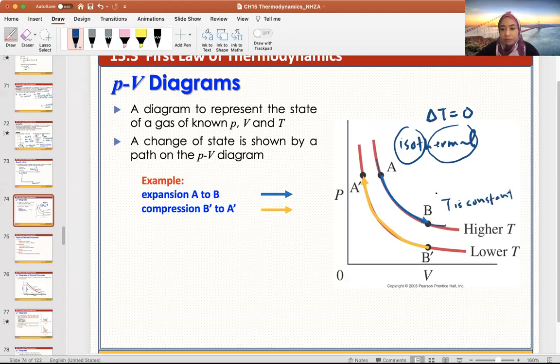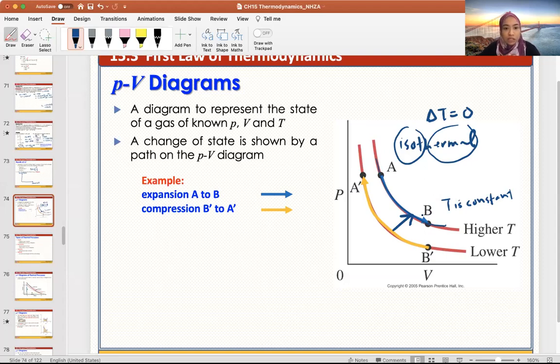T is constant, but for a graph that is higher in position compared to this one, we can say that graph A, B has a higher temperature than graph A prime, B prime. The difference is shown by the position of the curve.